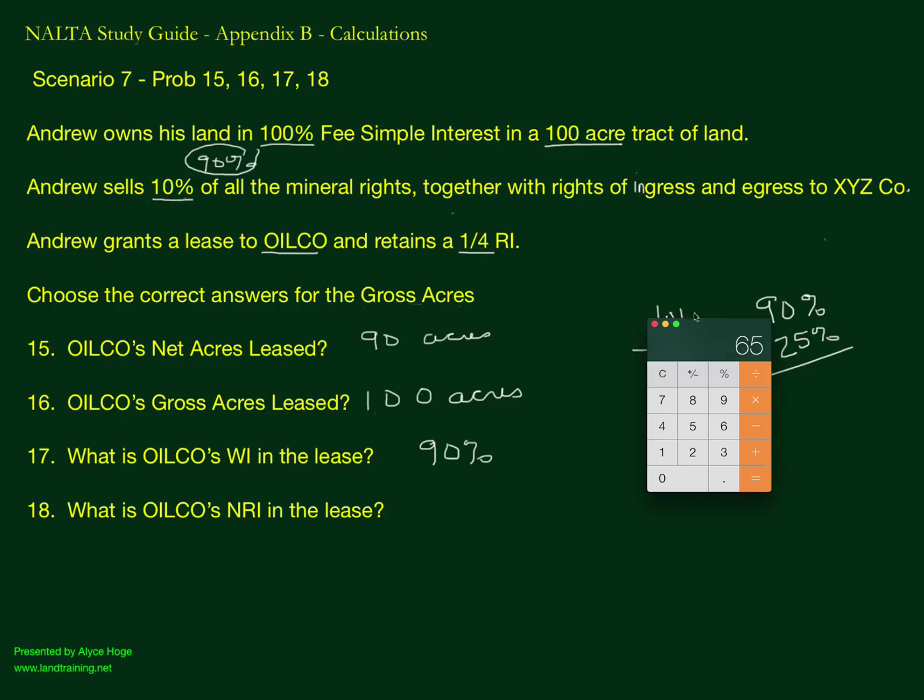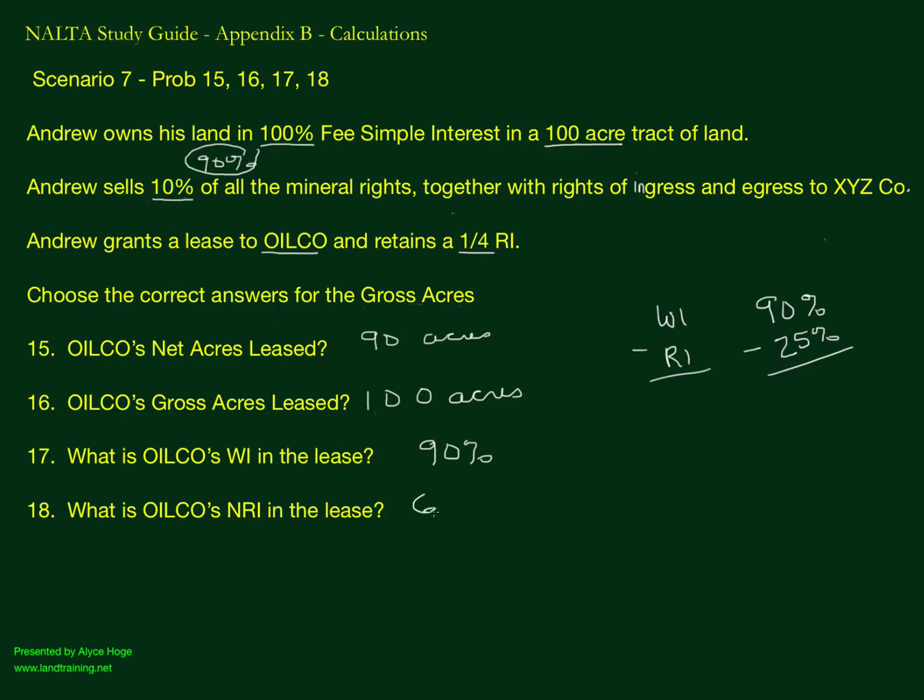So that's a 65% net revenue interest for Oilco. No one's going to drill on that because they've got to make a profit of at least, some people say 75%, others say 78%. So if you have a 3/16 lease, they're going to be making 87.5% of that. So Oilco's net revenue interest in the lease is going to be 65%.